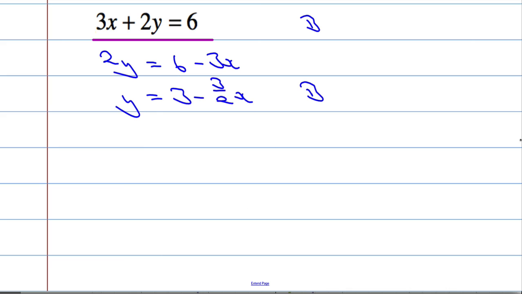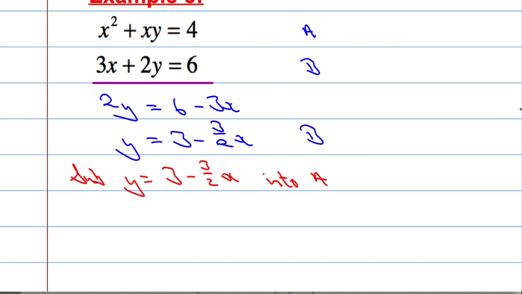Okay, so let's sub y equal to 3 minus 3 over 2x into equation A. So equation A, we get x squared plus x times, now where I have a y I'm going to put in 3 minus 3 over 2 lots of x, and that must be equal to 4.